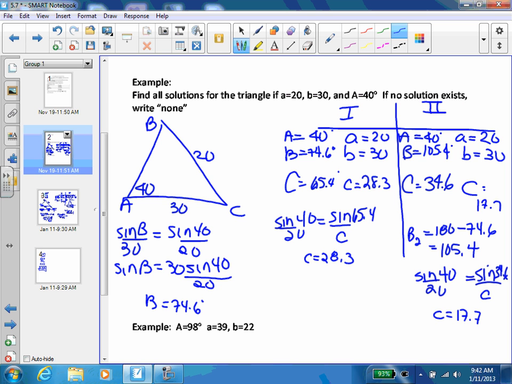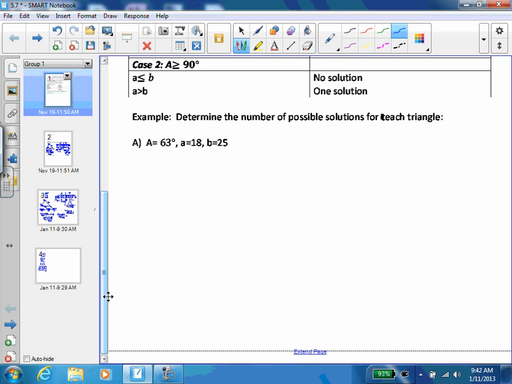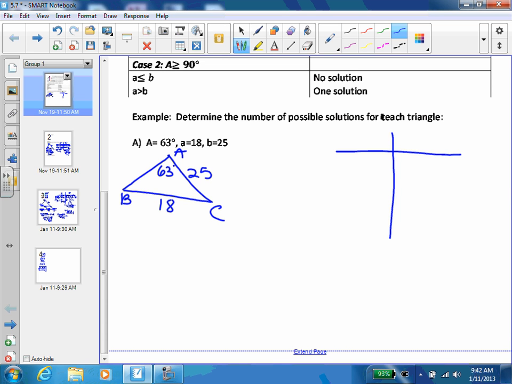Are we good? All right, let's go back to the first example. Okay, so here we have case 1 and case 2.